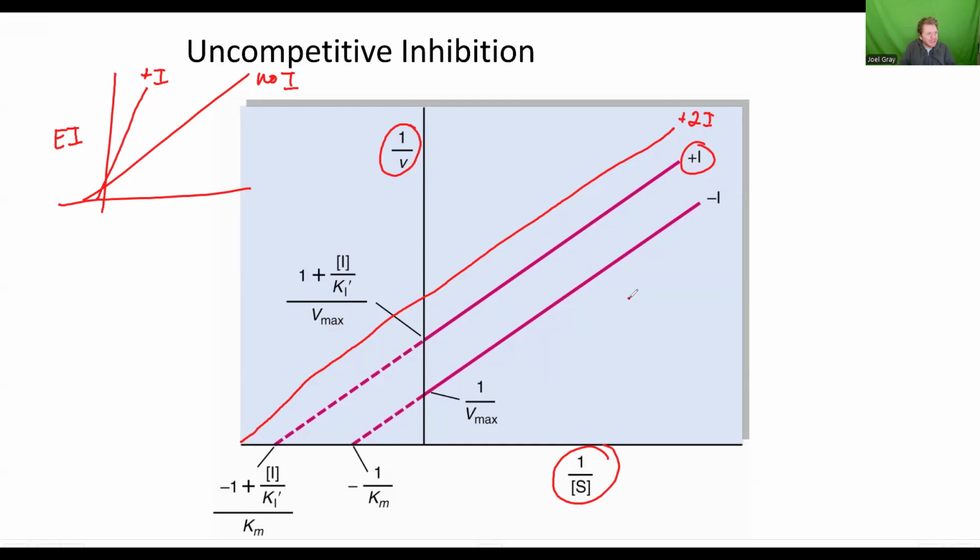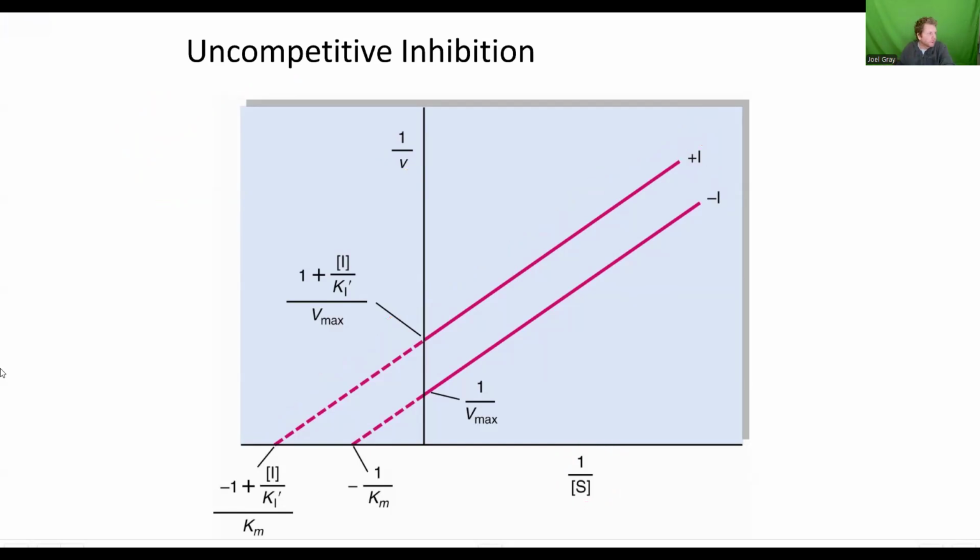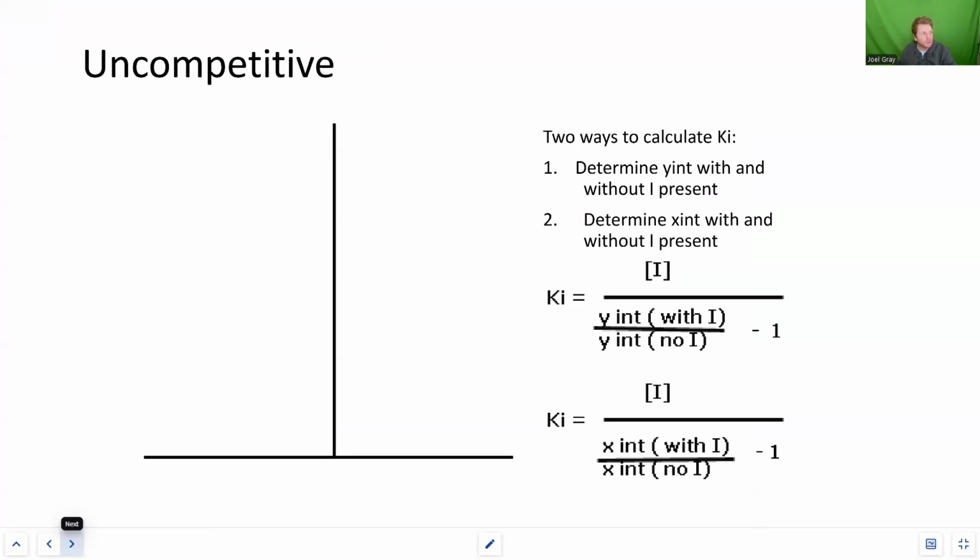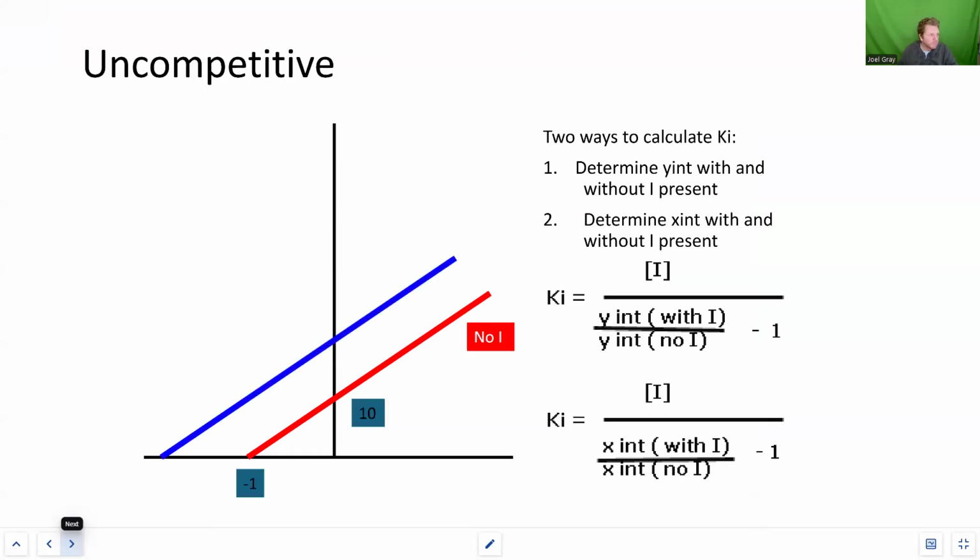And then the ESI or EIS, those are interchangeable. Okay, now we're going to look at basically how you would calculate. But again, KI calculations, I'm not expecting you to do that. But this is a way that you could calculate your Km apparent and your Vmax apparent with an inhibitor present.